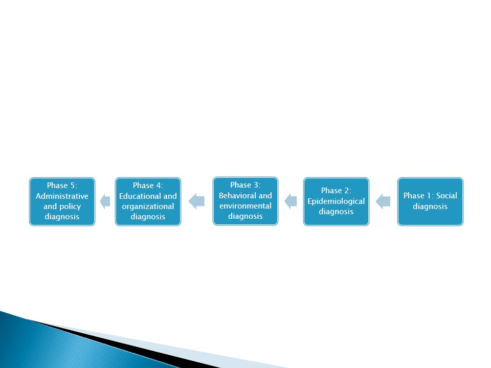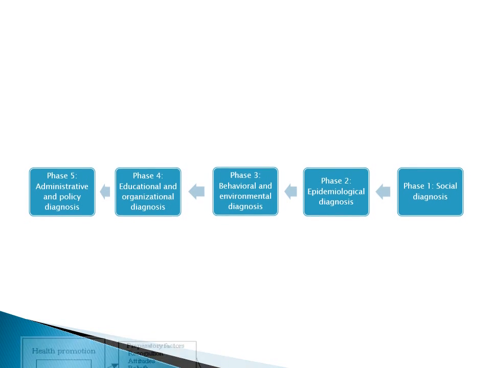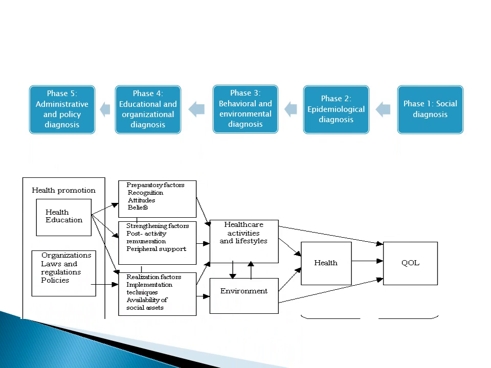Phase 2, epidemiological diagnosis. Phase 3, behavioral and environmental diagnosis. Phase 4, educational and organizational diagnosis. And Phase 5, administrative and policy diagnosis. Here's the diagram of the first 5 phases, and this diagram was taken from Lawrence Green, the developer of the PRECEDE-PROCEED model.